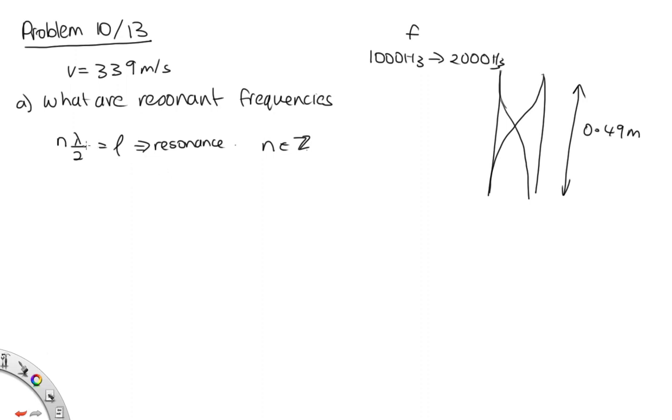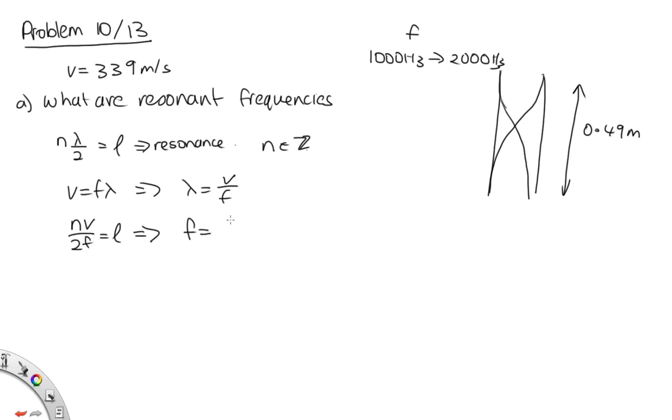Okay, so we know the velocity, we know the frequencies, so let's get rid of this lambda. We have v is equal to f lambda, which tells us lambda is equal to v over f. We can put that into this equation, and we end up with nv over 2f is equal to L. Now what we're interested in is these frequencies, so let's make frequency the subject.